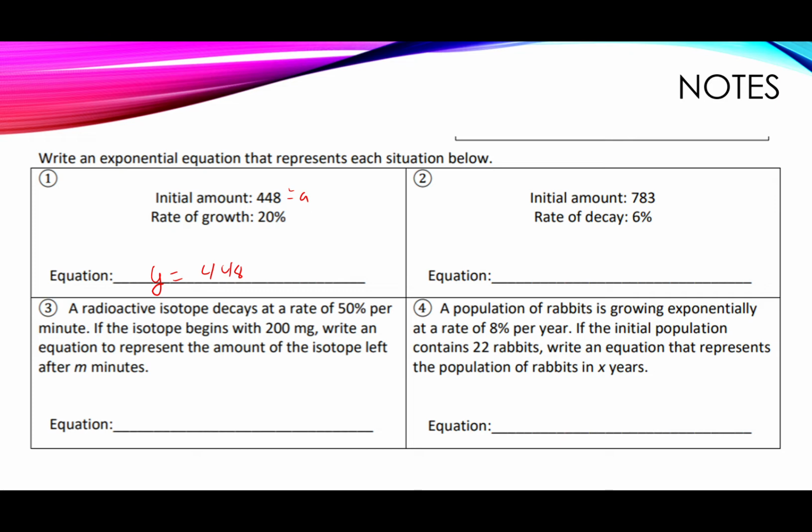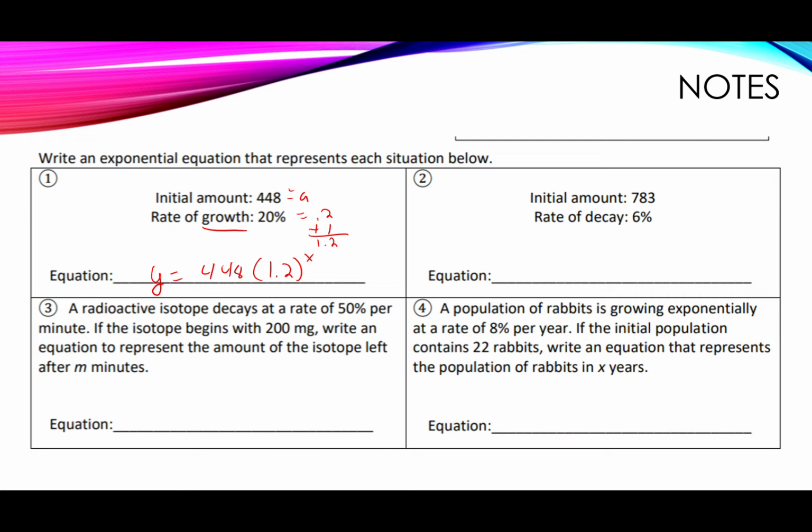My rate of growth, it's growth, so it's got to be above 1. And so this is 20%. 20% equals 0.2. And then I'm just going to add 1 to it to get 1.2. And so it's going to be 1.2 to the x power. All right. So that's it. My initial amount plus my rate.